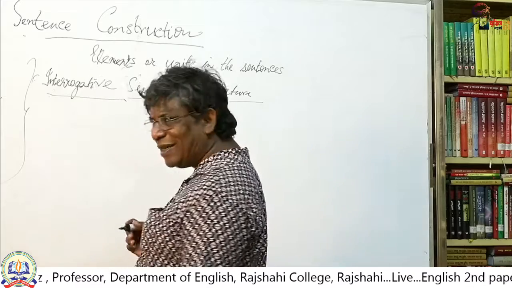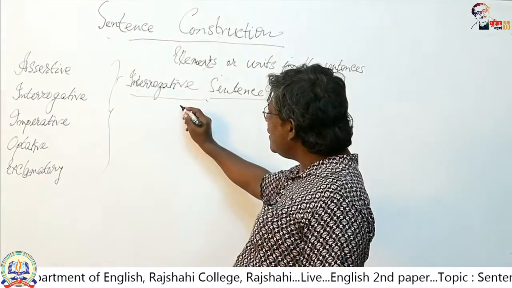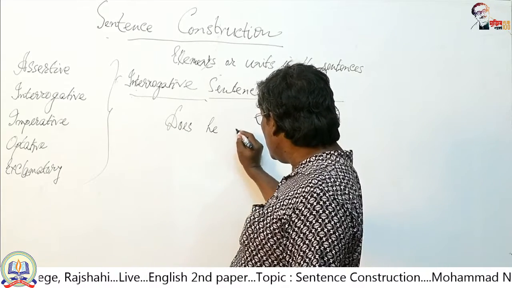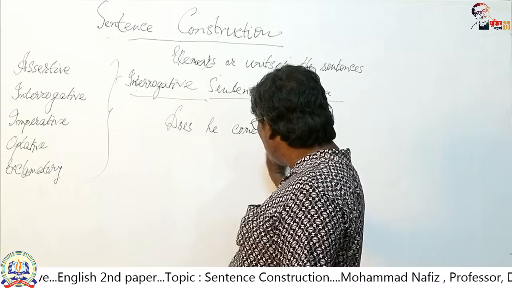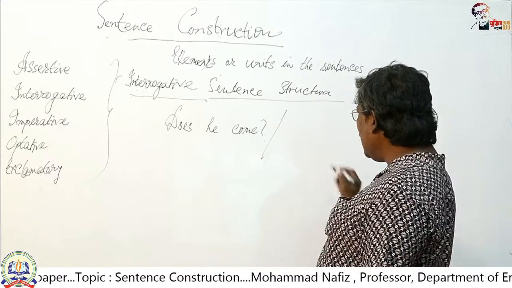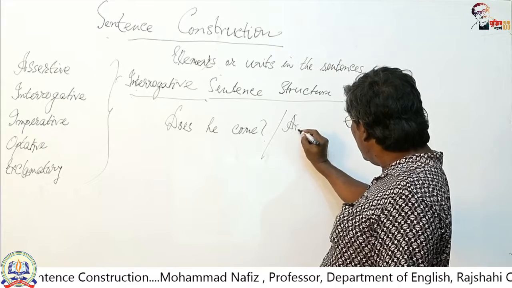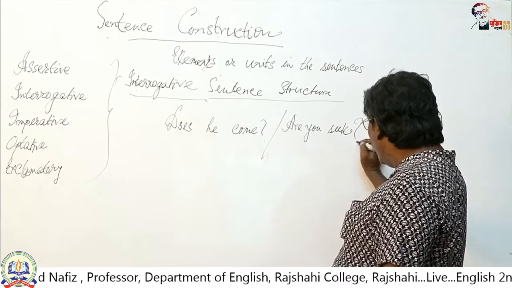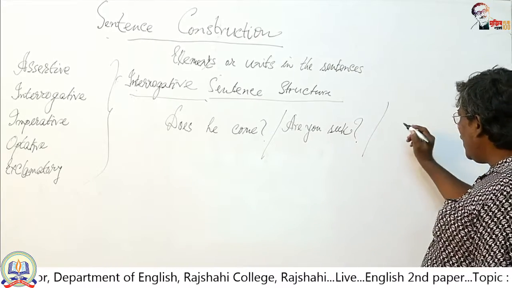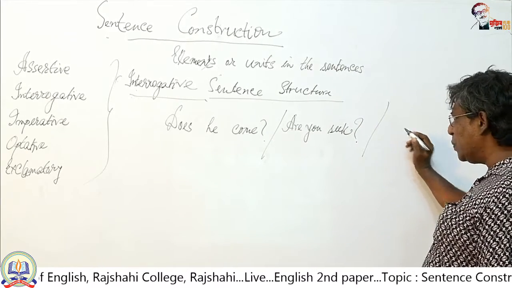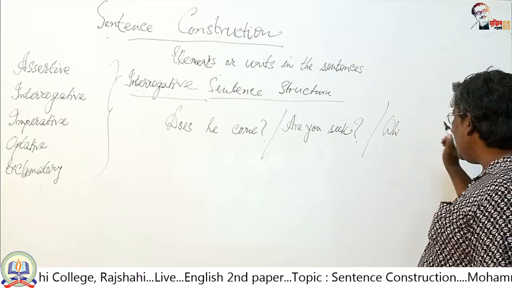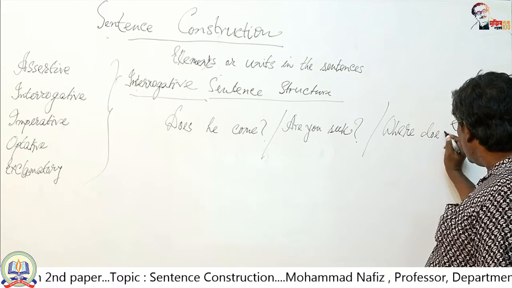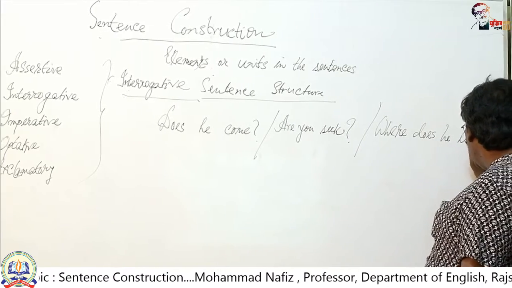They are presented in different forms. Sometimes such a sentence begins with an auxiliary verb. Sometimes with a be verb. And sometimes with a relative pronoun which we popularly know as WH questions. Where does he live?